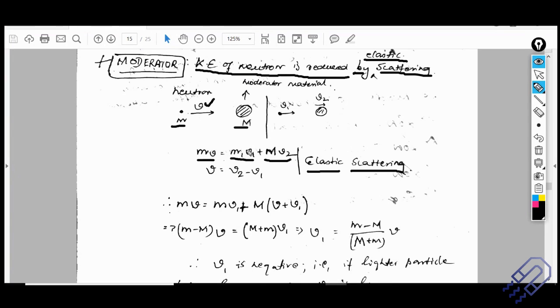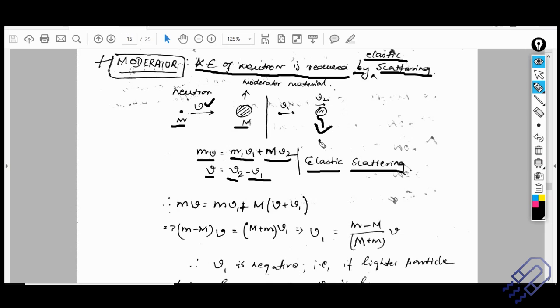If we consider an elastic scattering, this v, which is the velocity of the neutron, is v2 minus v1. What is v2? V2 is the velocity of the target.